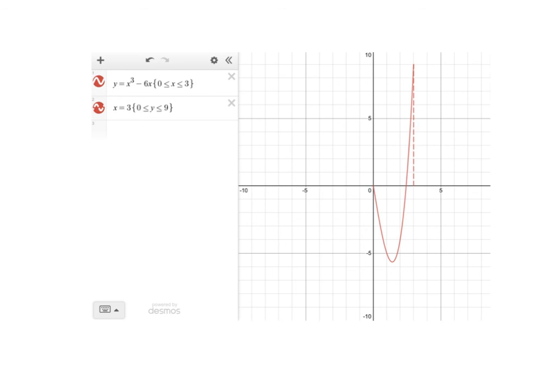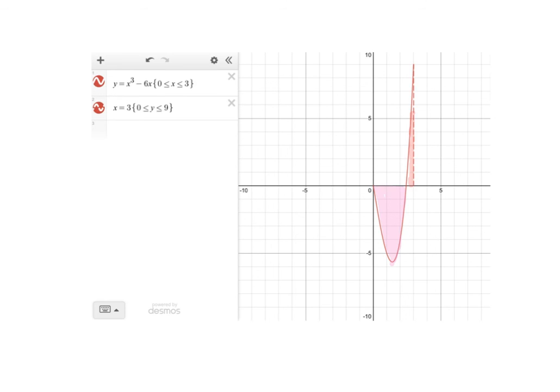So when I say under this curve, I really mean the area between the curve and the x-axis. One thing to notice is that once we go below the x-axis, these function values that we're adding are going to be negative.